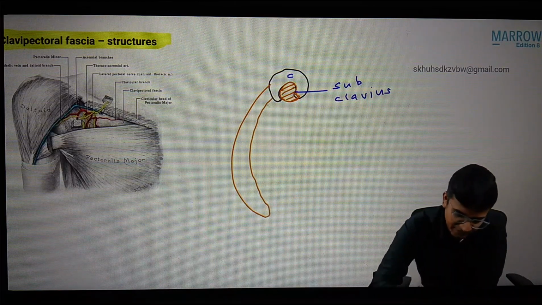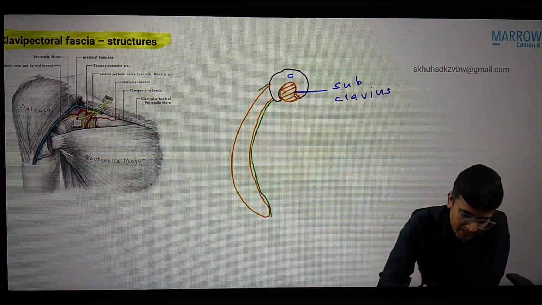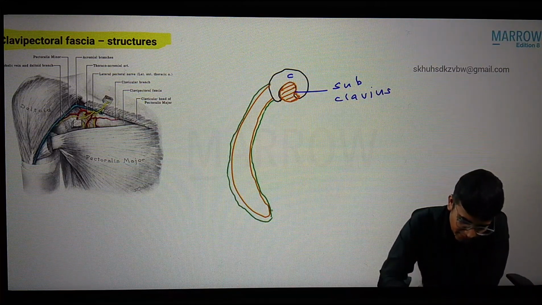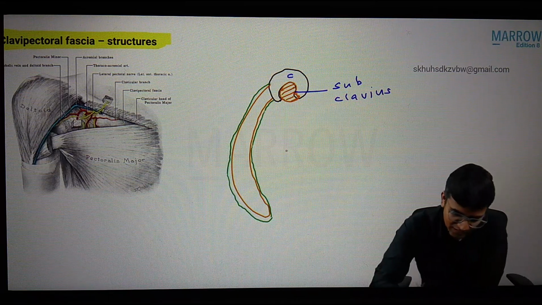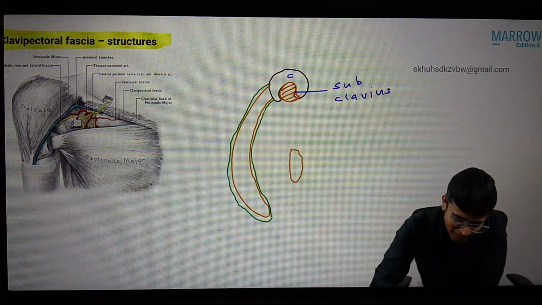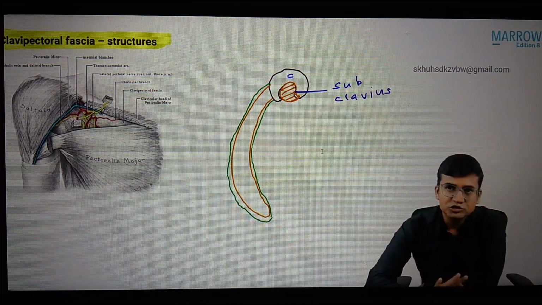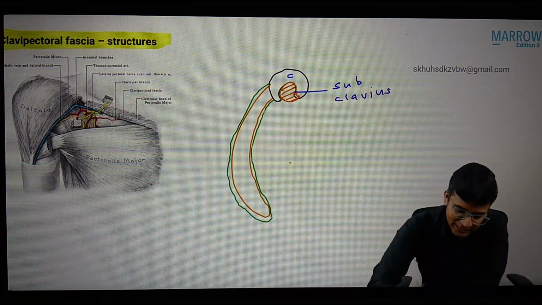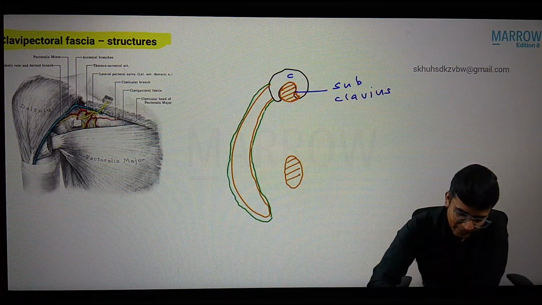And we have a fascia over the pectoralis major. Now, if you remove the pectoralis major, in the deep layer we will see the pectoralis minor muscle. This is pectoralis minor.